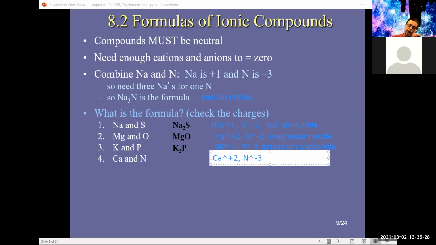So now you have a little bit of a challenge, right? But let's get the name. We've got calcium, then nitrogen becomes nitride. That's the name. We've got the ions, but we've got to put them together such that they equal 0. However, we've got a +2 from calcium and a -3 from the nitrogen. Any suggestions?